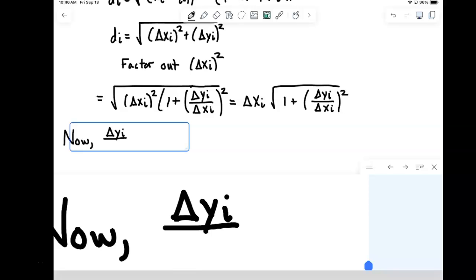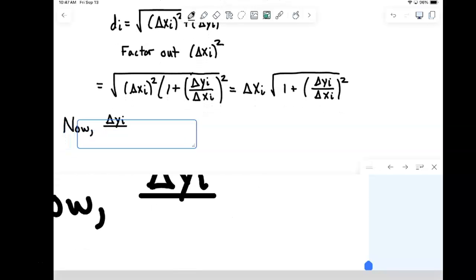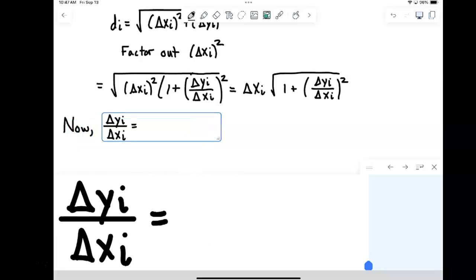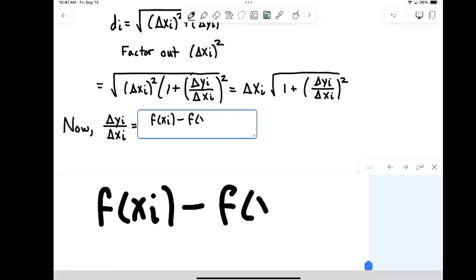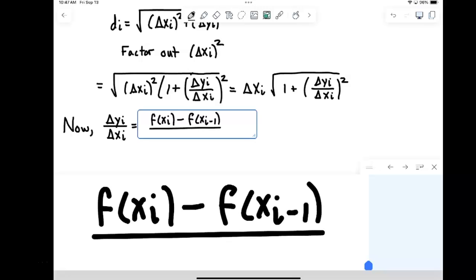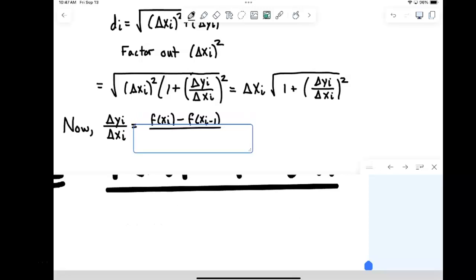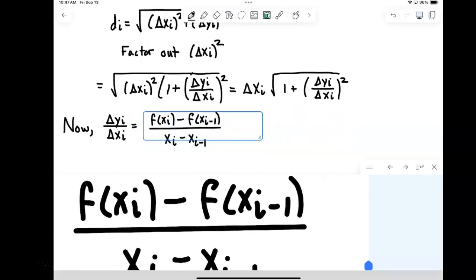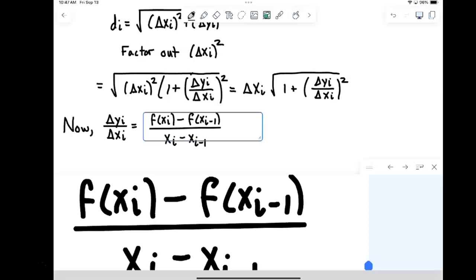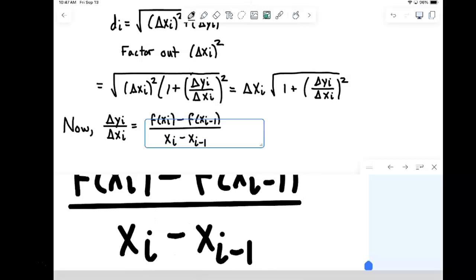And that was this. This delta yi over delta xi, remember, that is just f of xi minus f of xi minus 1, all of that over xi minus xi minus 1. Right? But remember, this thing here was the slope of the secant line.